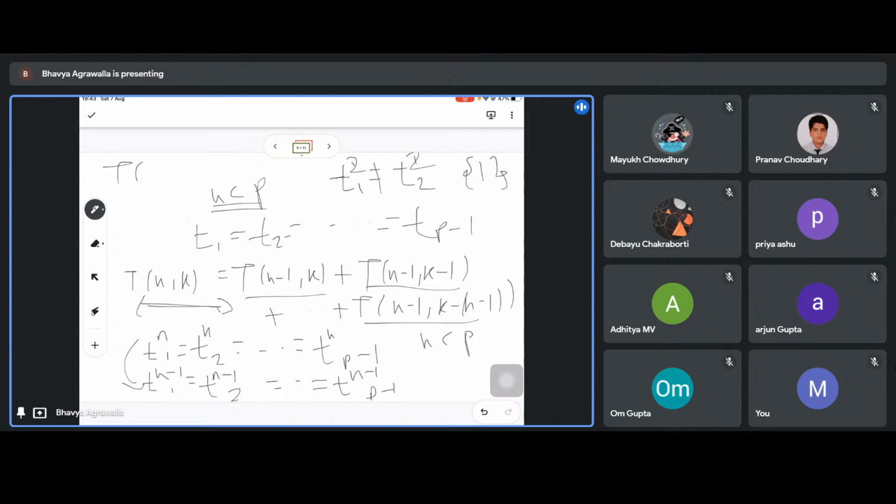Try to think that if I give you t(n, k plus 1), and you take the difference of these two things, most of the terms will cancel and you will be left with only two terms: t(n minus 1, k plus 1) minus t(n minus 1, k minus n minus 1). If you sum it over all such k's which are congruent to this k modulo p, you can get something from the small t's also. Does that make sense?